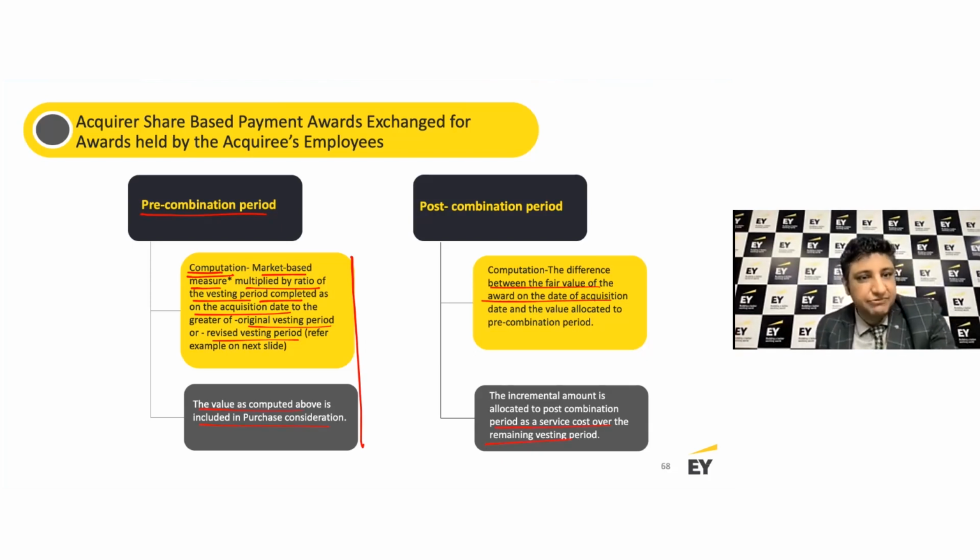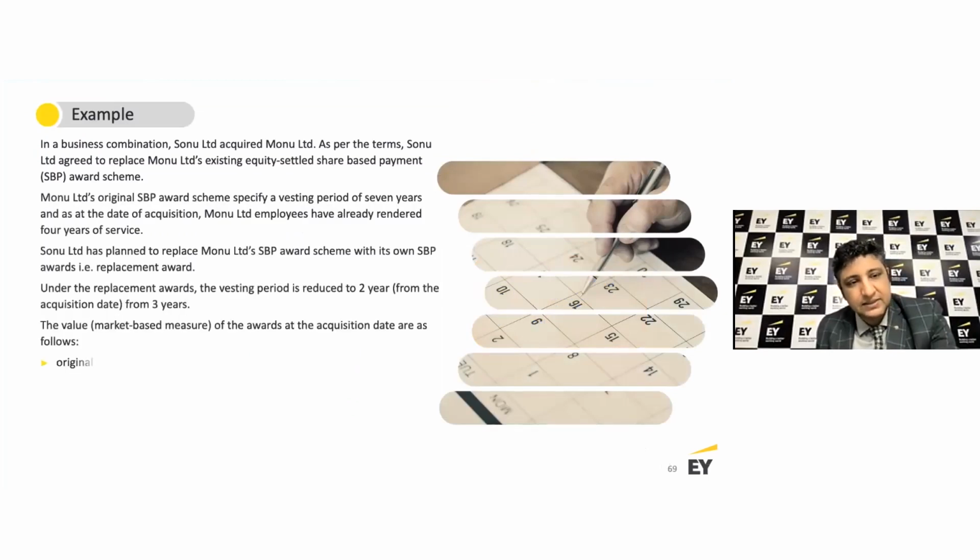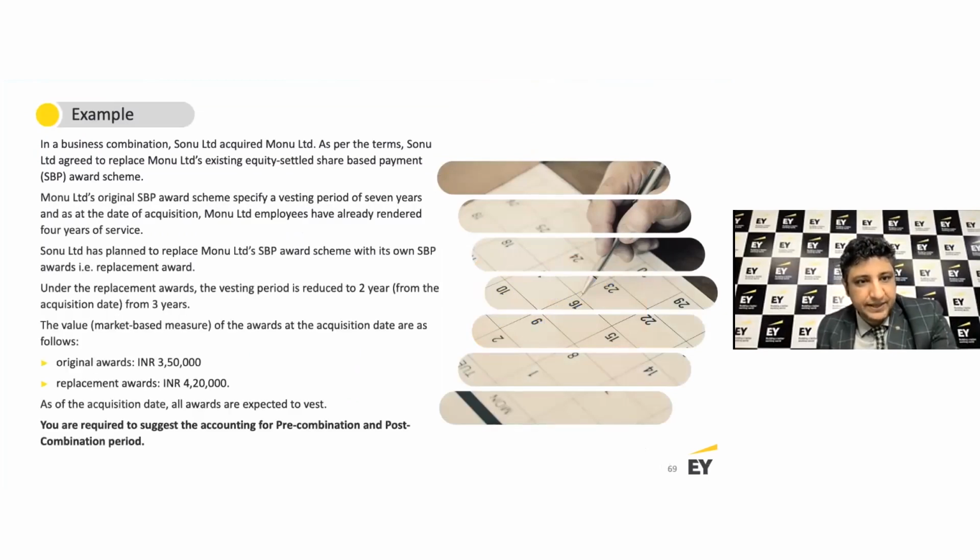The easiest way to understand all that is given here would be to use an example and follow that. Let's do this together, and then we can come back to the concept again. Okay. It says that in a business combination, Sonu Limited acquired Monu Limited. So Sonu, of course, is the acquirer.